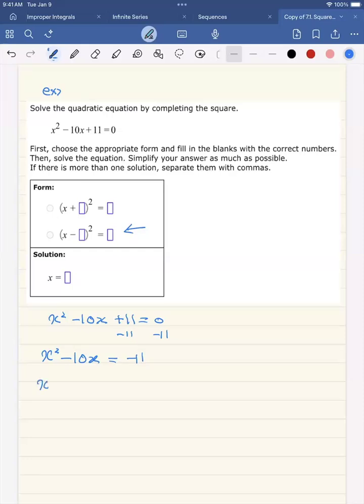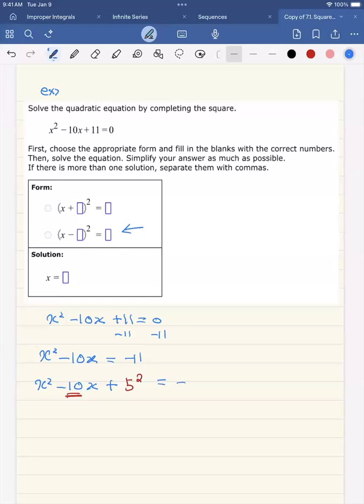What I said was when we do completing the square, we have to write half of the number in front of x. When we divide by 2, that is 5, and 5 squared. That number will be added on both sides. Then the left side can be decomposed into x minus half of the number in front of x, which is 5, and then squared. On the right side, this one is 25. 25 minus 11 will make 14.